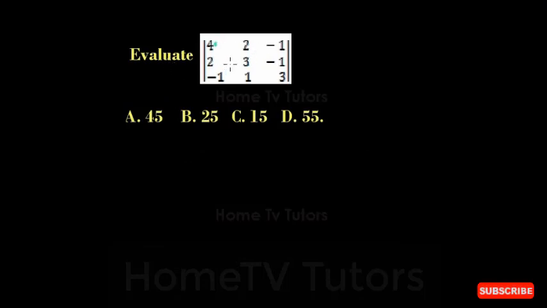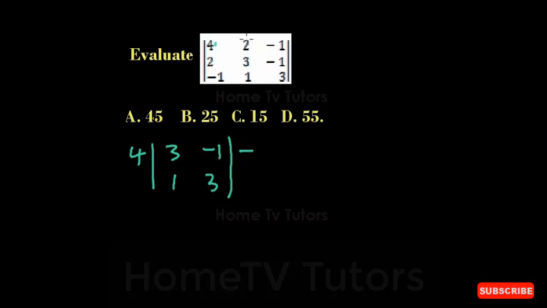Evaluate this matrix. So we use the first row elements. We're going to use 4, 2 and minus 1. So 4, then we find the determinant of the cofactors 3 and minus 1, 3 minus 1, 1 and 3. Then the plus sign is minus.